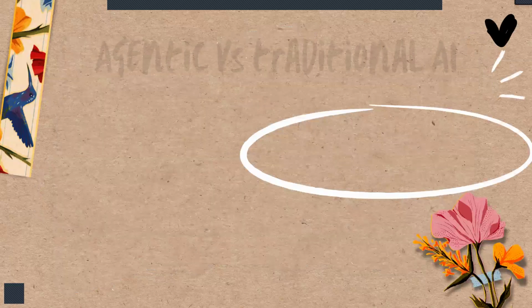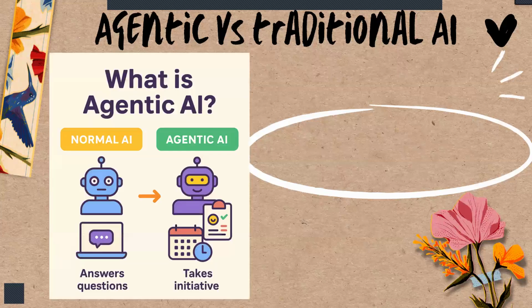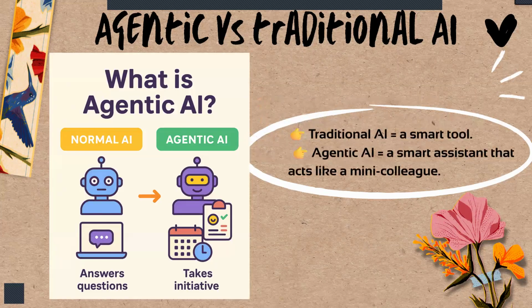So now, Agentic AI versus traditional AI. We all know what traditional AI is and what Agentic AI is. Traditional AI is nothing but a very smart tool. Say I am doing an automated option, and there is an AI that does everything on its own without giving a query. That is nothing but a smart tool.